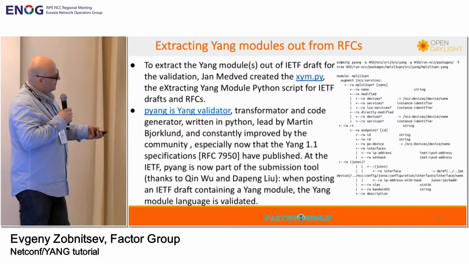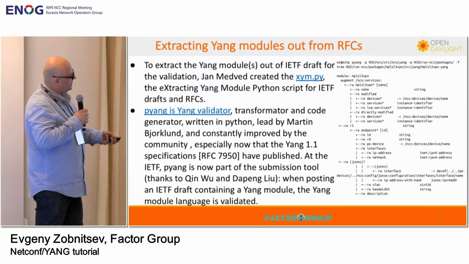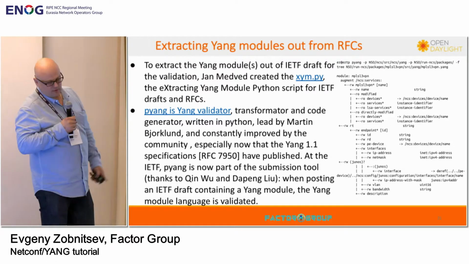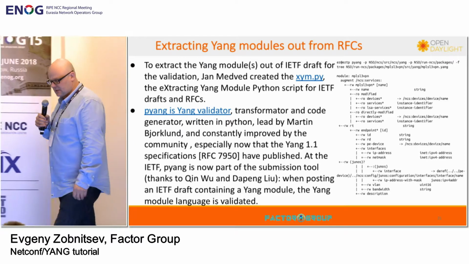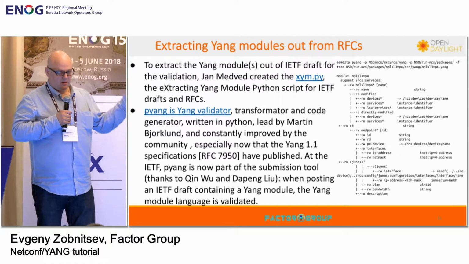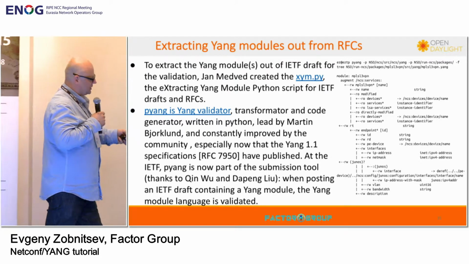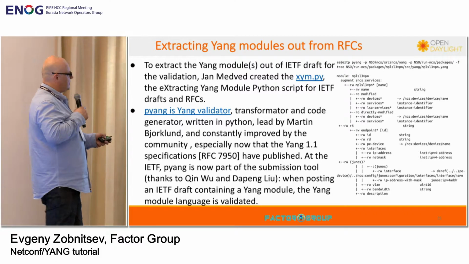And probably a popular capability is formatting a presentation of the YANG model as a tree. So the YANG tree allows you to determine the location of things.